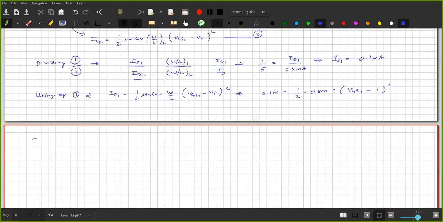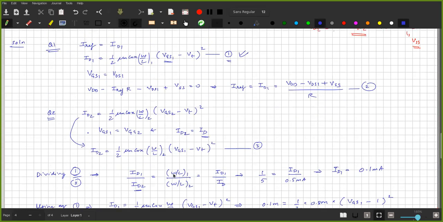So from this, VGS1 value turns out to be 1.5 volts, which is same as VDS1.